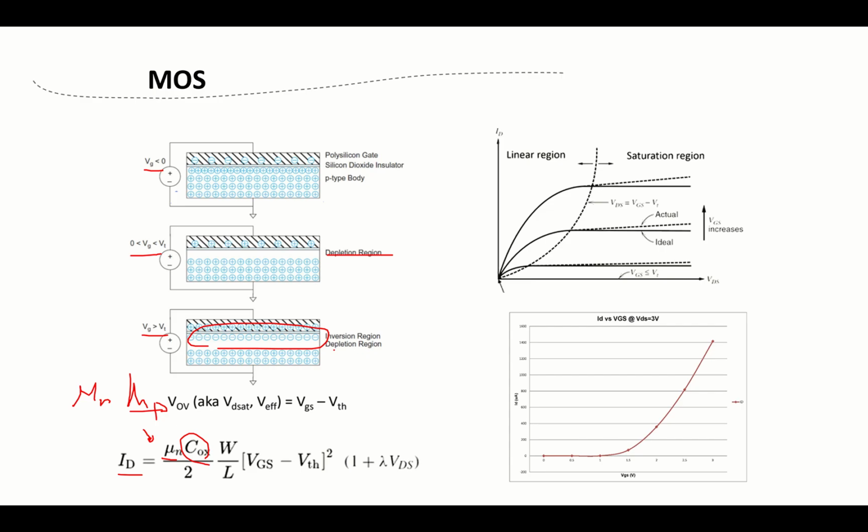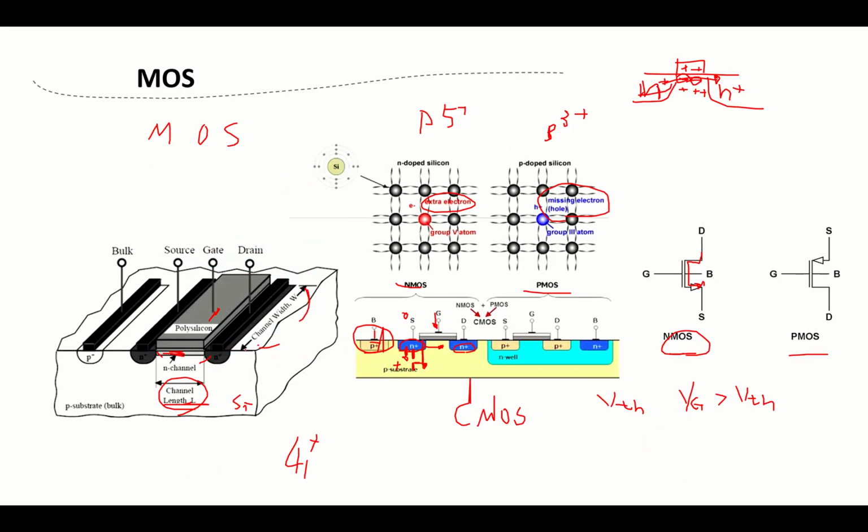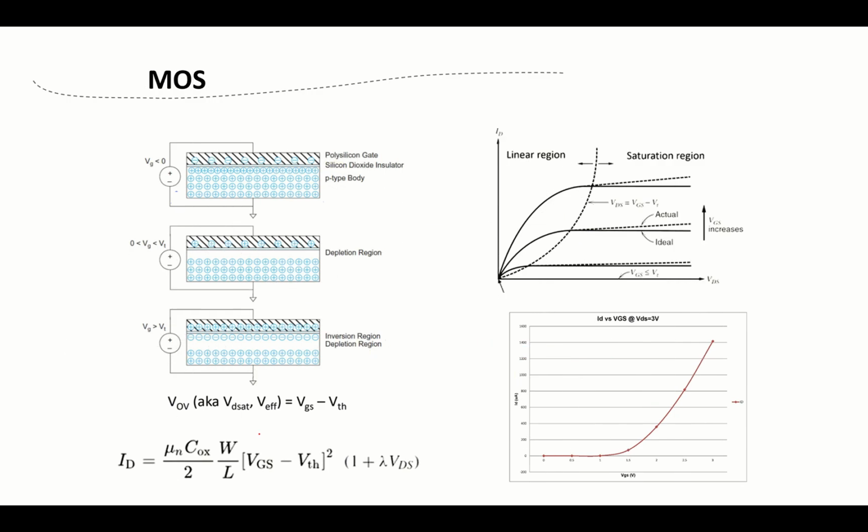This is the place we can tune for the VTH also. We can change the dielectric material, and we can change the metal gate material to make the VTH different. Here's the capacitance of the oxide. Then we have the width, as we mentioned earlier on this page. This is the width of the MOS, and also the length. We want the length to become as small as possible.